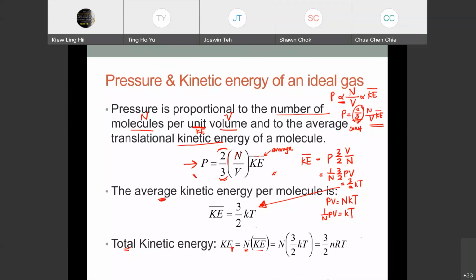So you have 3 over 2 NKT. This NKT, isn't it the same as your ideal gas equation, PV equals to NKT? And PV is also equal to nRT, isn't it? So that's why we can have 3 over 2 nRT.